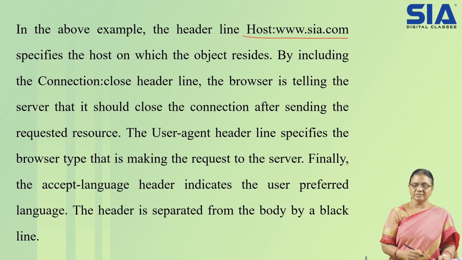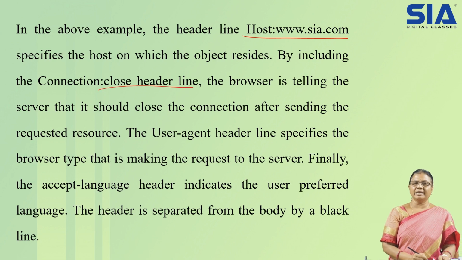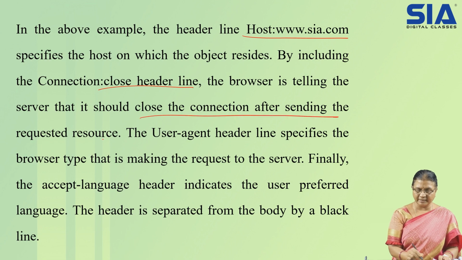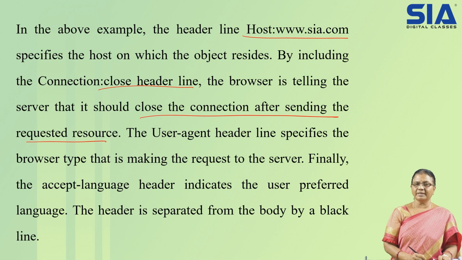By including the Connection: close header line, the browser is telling the server that it should close the connection after sending the requested resource. The User-Agent header line specifies the browser type making the request to the server. Finally, the Accept-Language header indicates the user's preferred language.